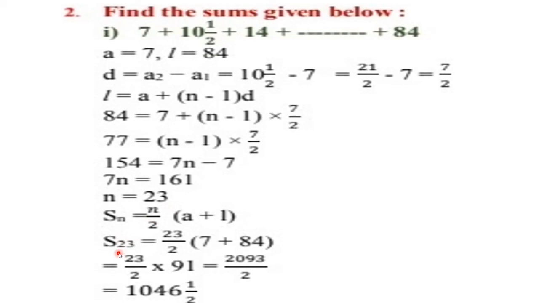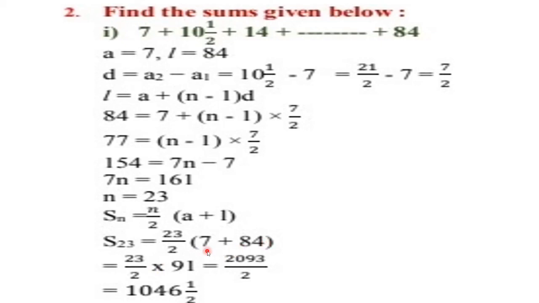Substitute this n value, that is apply the formula Sn is equal to n by 2 into a plus l. As I've said, you know the first term, last term, and just now we found n value, substitute the value. So that is 23 by 2 into a value is 7 plus last term is 84. So 23 by 2, write it as it is since they are not divisible by each other, into.